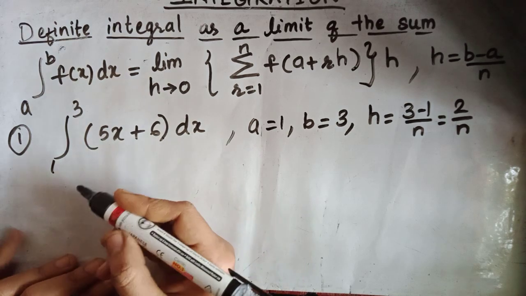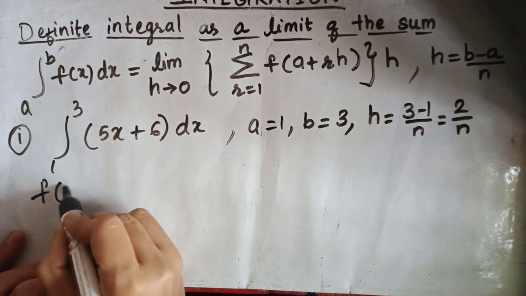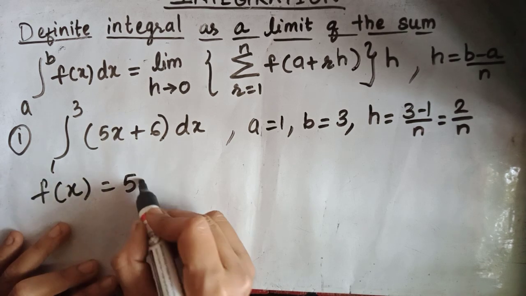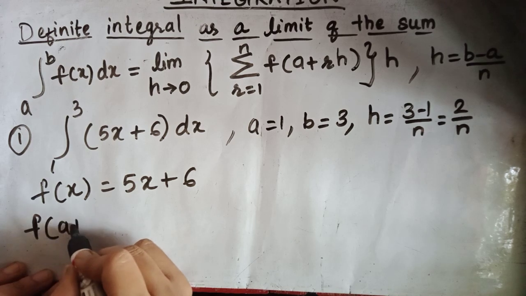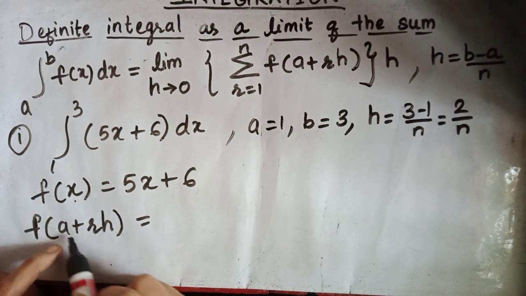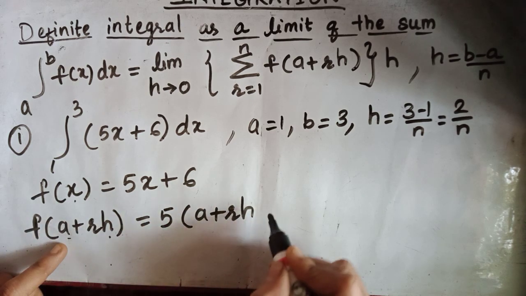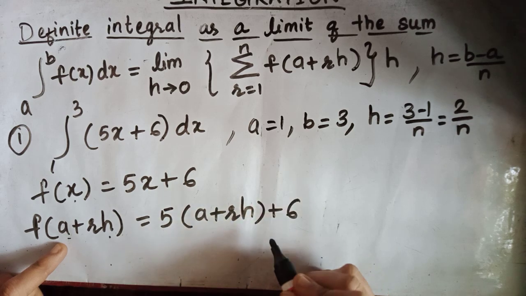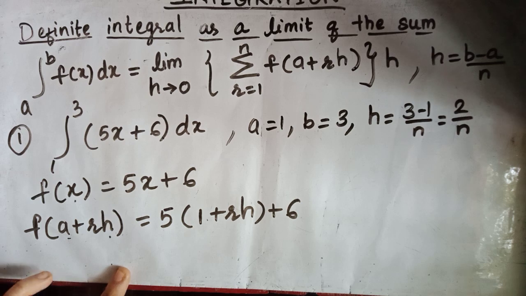So f of x is 5x plus 6. So f of a plus rh, in place of x you have to put this, so 5 times a plus rh, plus 6. What is the value of a? a is 1, so 1 plus rh.